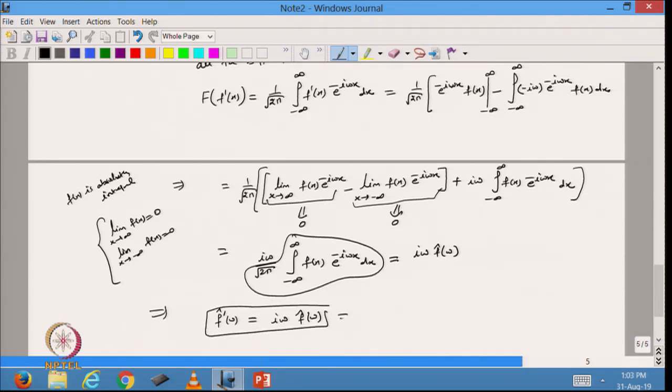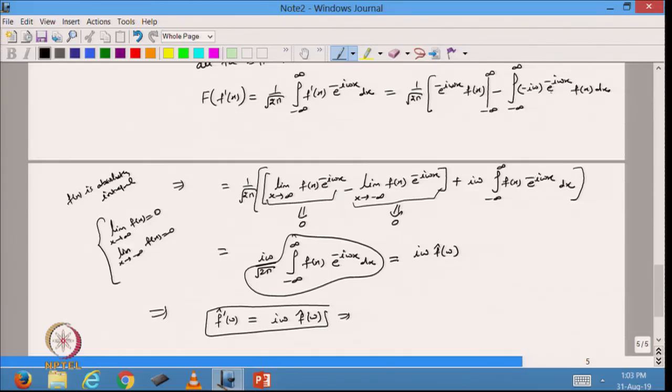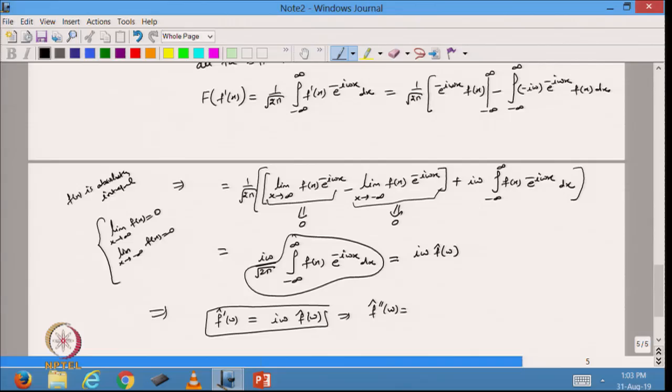Similarly, now I have just taken the first derivative of this one. So, that was the minus i omega, and then with this expression it becomes i omega. Now, if I want to take the Fourier transform for the second derivative, then I have to apply it 2 times. So, after getting this one, the same thing will apply here.